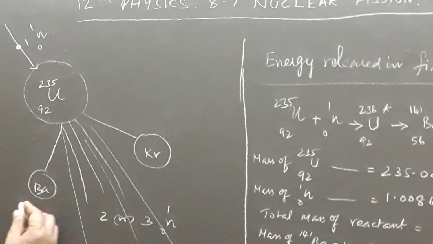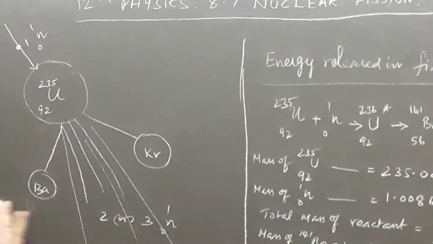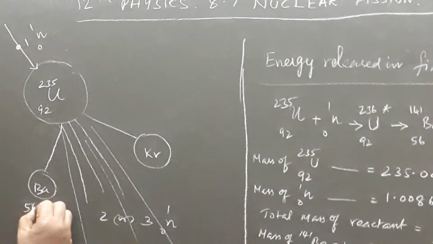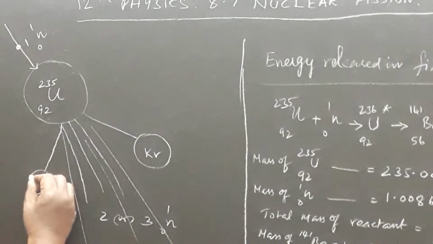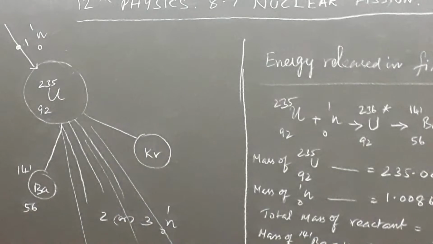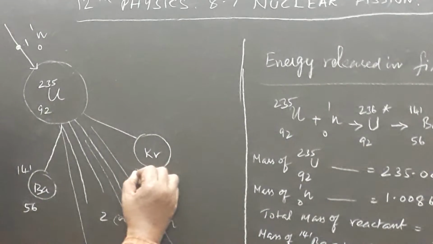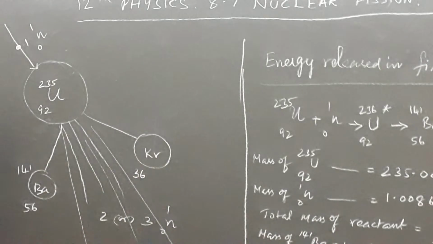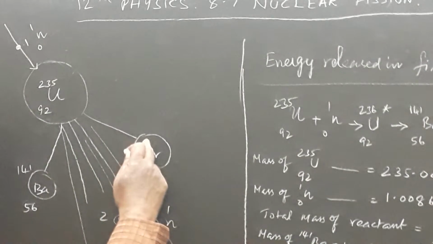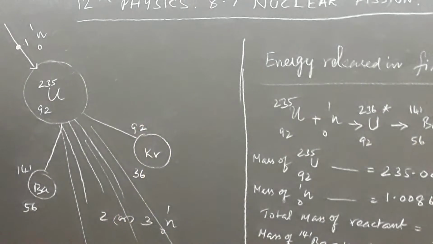For example, the atomic number of barium is 56, and the mass number of barium is 141. The atomic number of krypton is 36, whereas the mass number of krypton is 92.